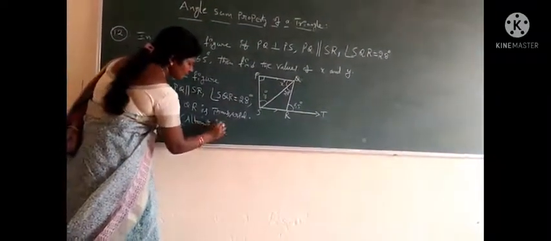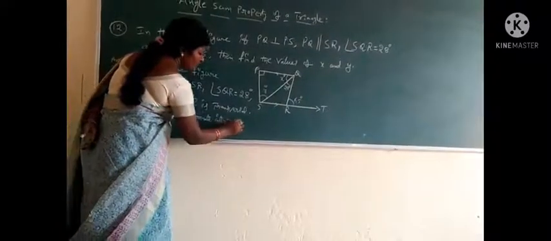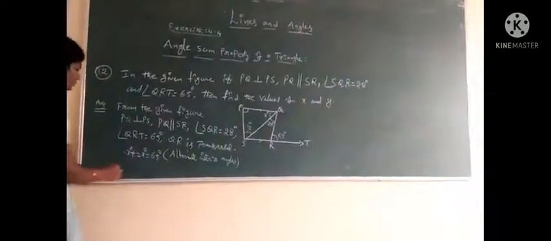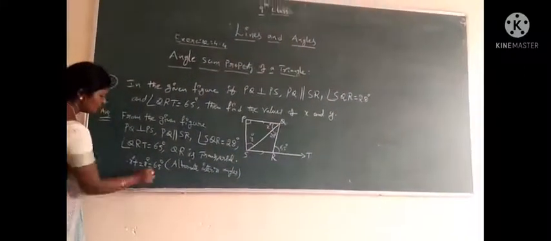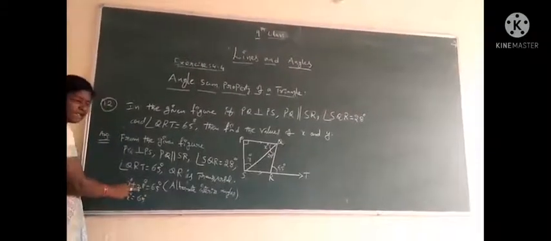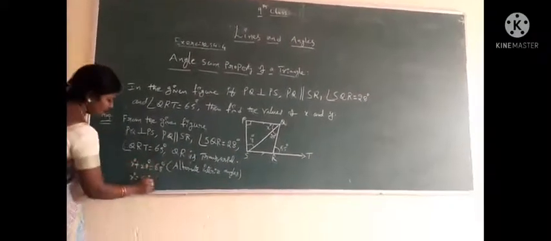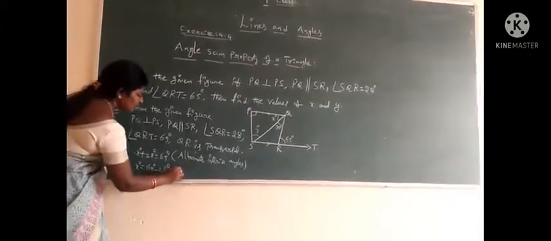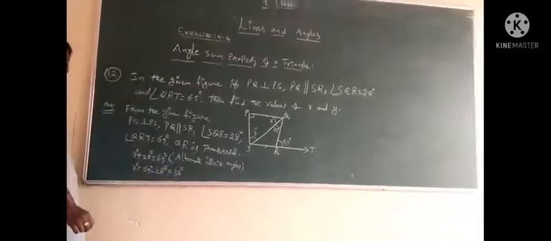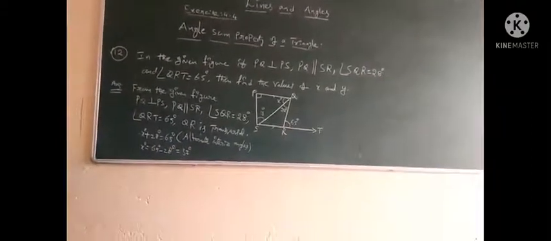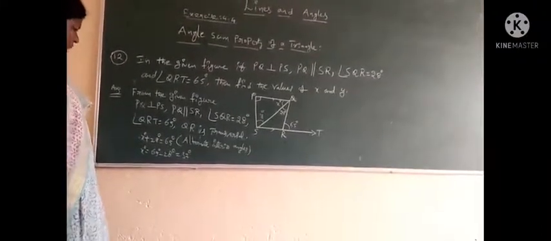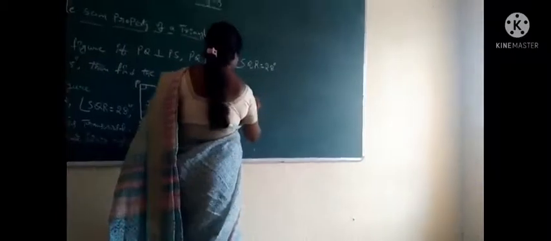So X degrees is equal to 65 degrees minus 28 degrees, which is equal to 37 degrees. So X degrees is 37 degrees.